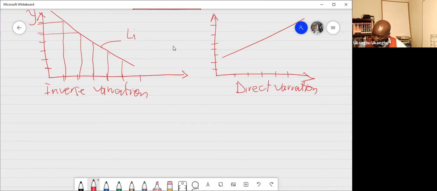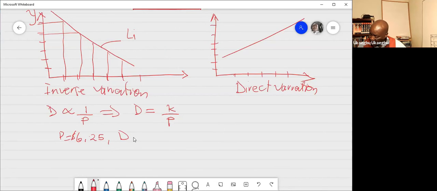So demand, D, is inversely proportional to price, it follows that demand is equal to K over P. Now it says that when the price is $6.25, which means P is equal to 6.25, D is equal to 400 units.